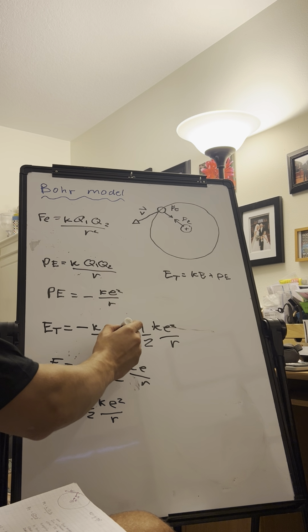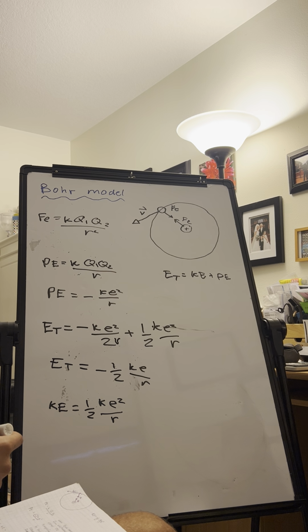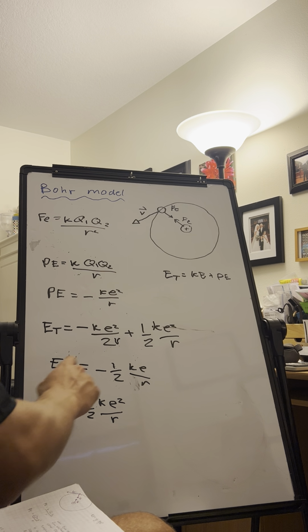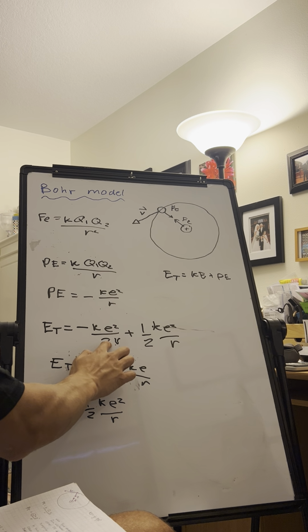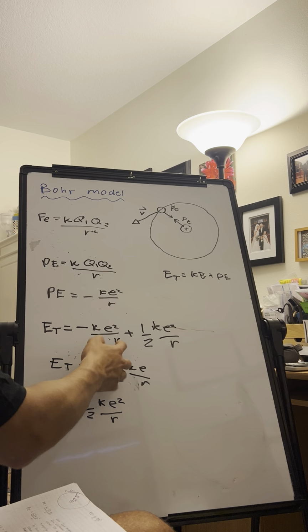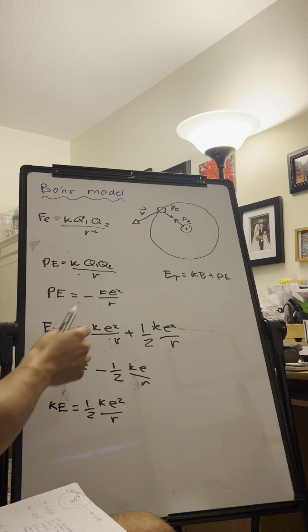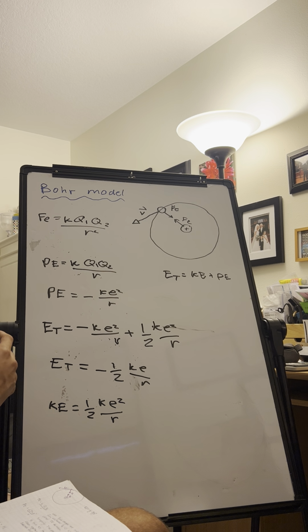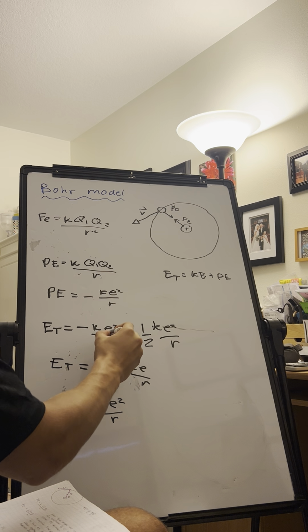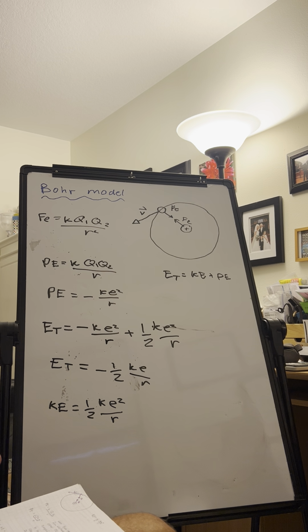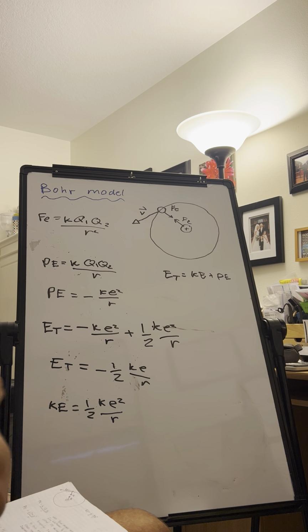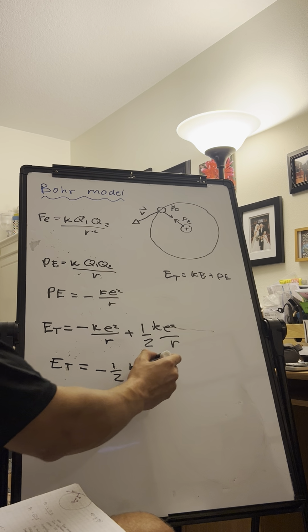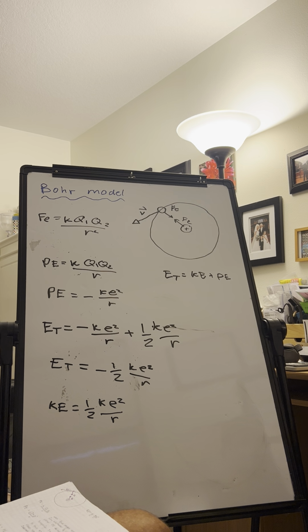There should be an R here. And there should be no 2 here. There we go. So negative 1 plus 1/2 is equal to negative 1/2. And then there's a square here too.